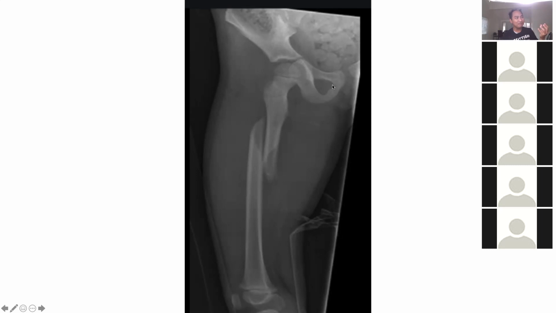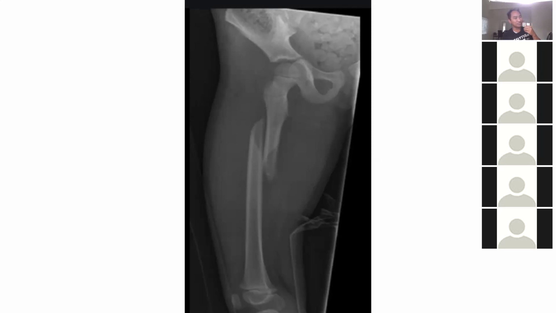And this is the pelvis, this is the symphysis, this is the pubic bone, this is the ilium. The ilium and the pubis here, there is also another growth plate which is not fully fused yet. So this is a femur fracture. Of course, it is in the shaft of the femur, and therefore we will say diaphyseal femur fracture.